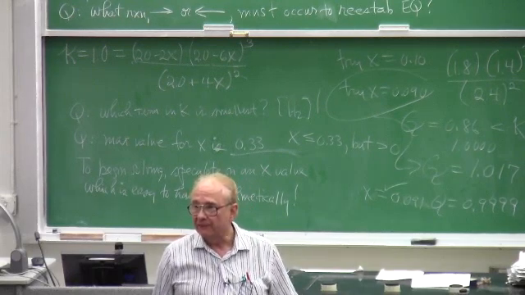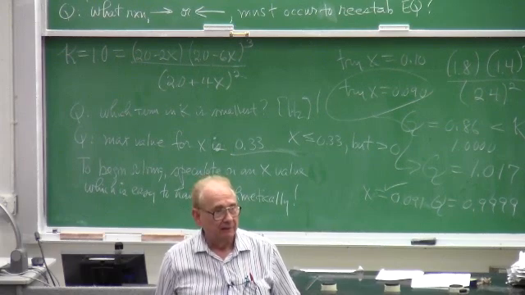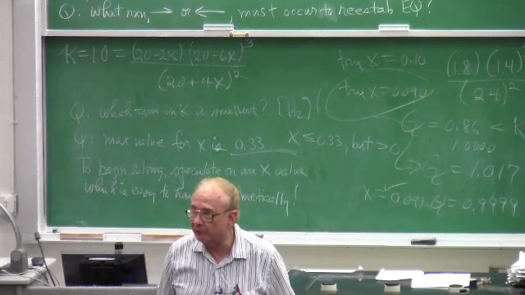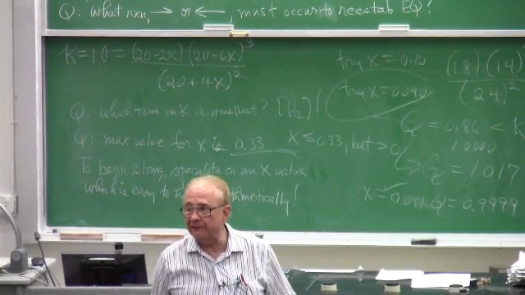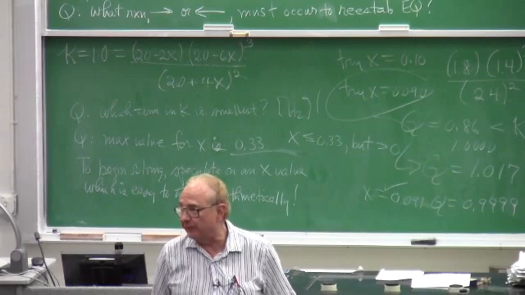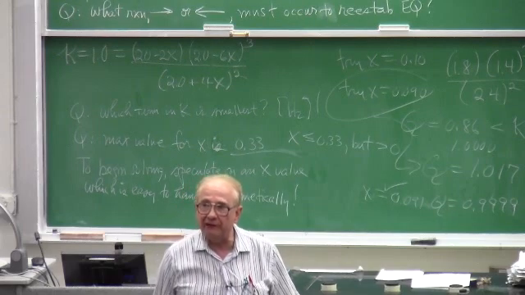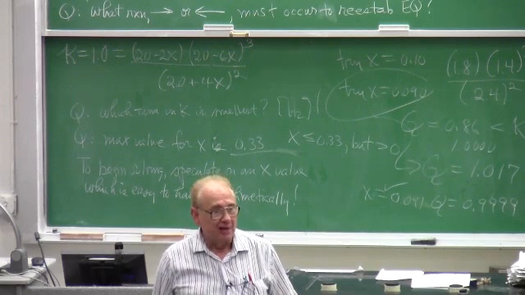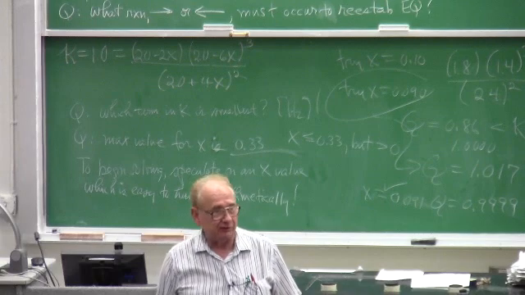Blood is a bicarbonate-carbonate buffer, buffering at about 7.4 ideally. Blood pH in the range of 7.2 to 7.6, you're fine. But if you get lower than 7.2, you have what's called acidosis. And if you get above 7.6, you have what's called alkalosis.